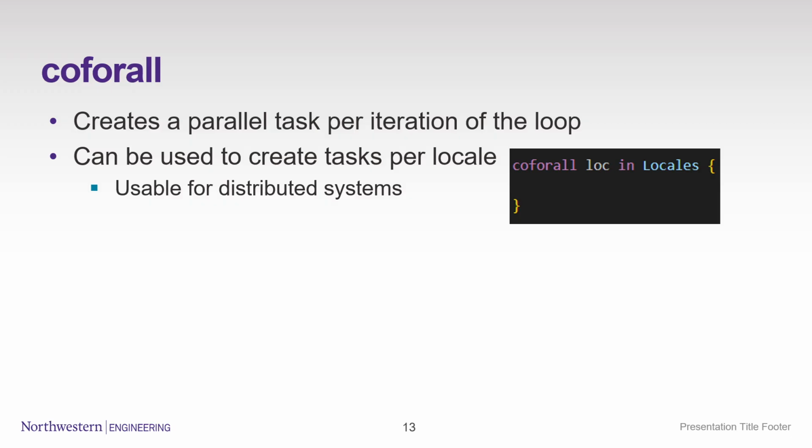And if the number of messages was increased to say 100, while forall would create 8 tasks still, coforall would create 100 tasks. This can be used to create tasks per locale, which is useful for programming in distributed systems with multiple locales.